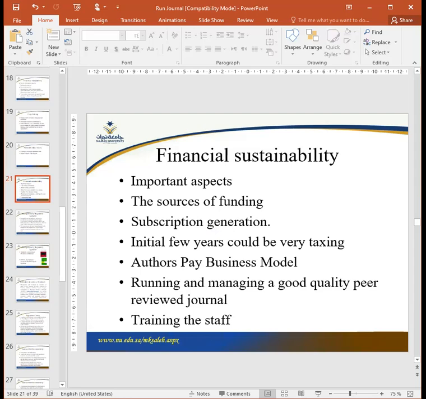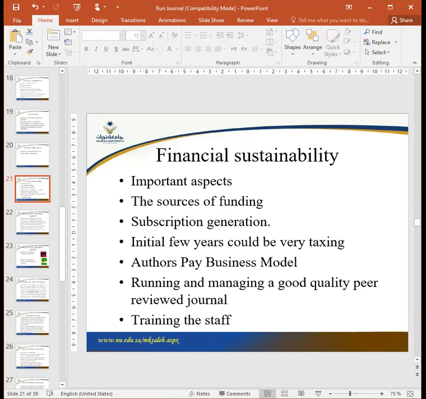Subscription generation takes time, and even then it does not fetch much funding for sustained growth. However, an important source of income could be through advertisements, for which one needs a strong, committed business team.